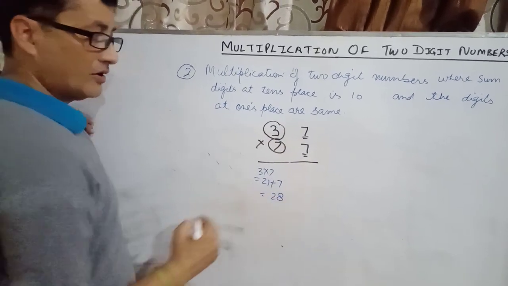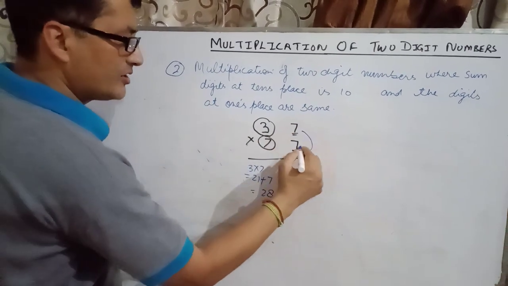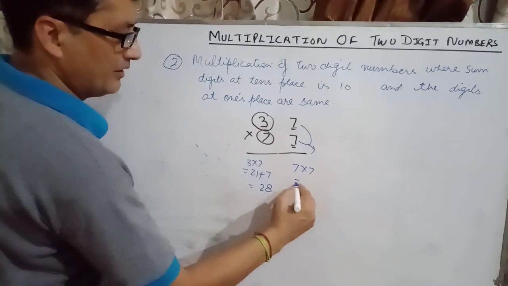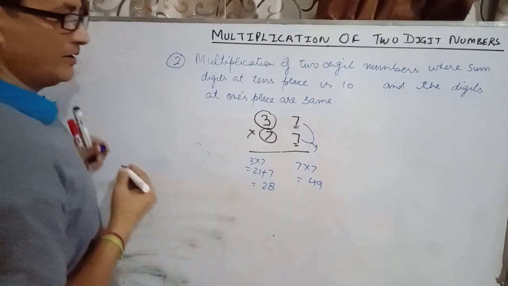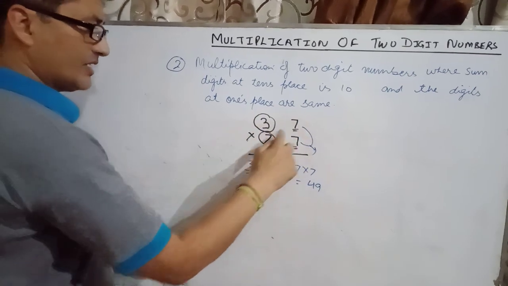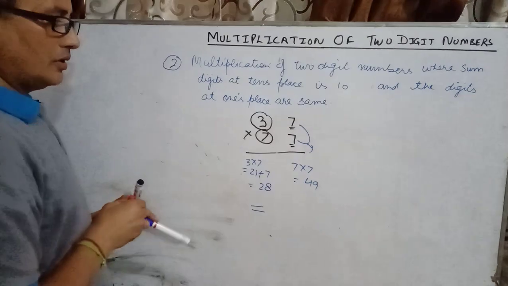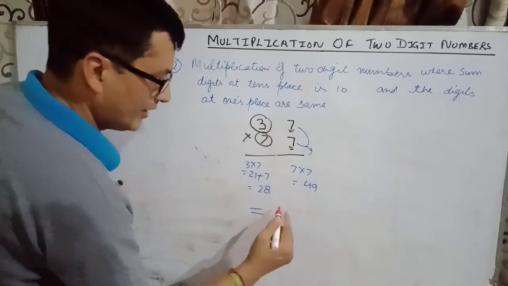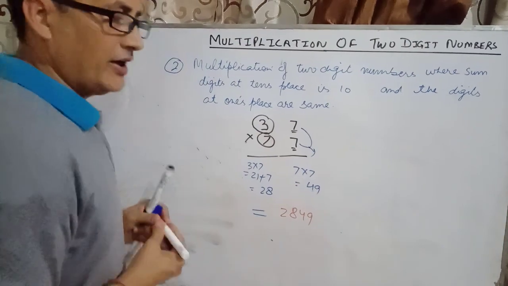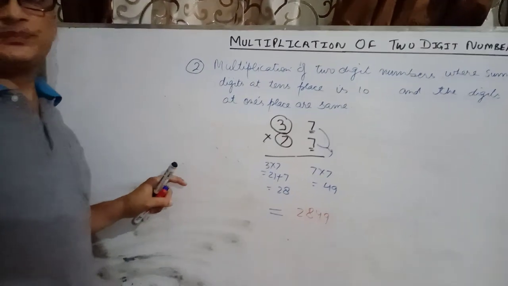What do we have? 28. And you have to multiply the digits in the ones place. 7 into 7 is 49. So students, the product of 37 and 77 is equal to how much? 2849. So in this way you find the product of these two numbers.